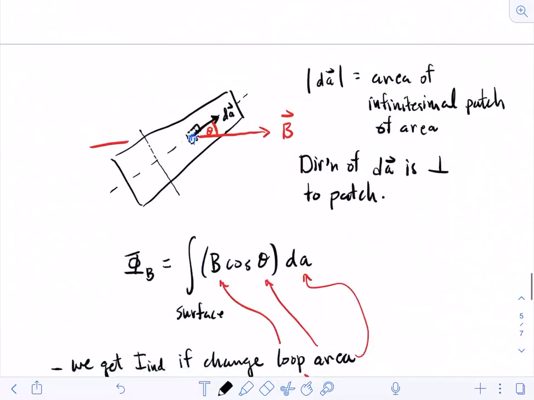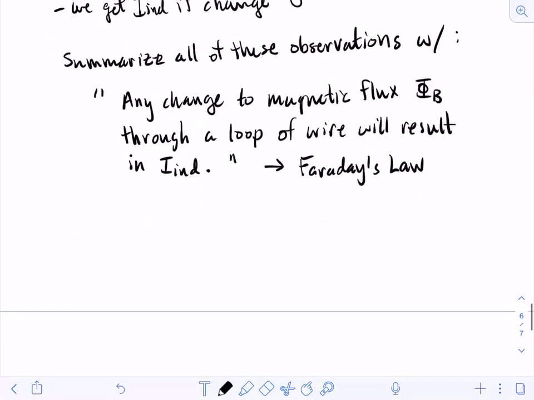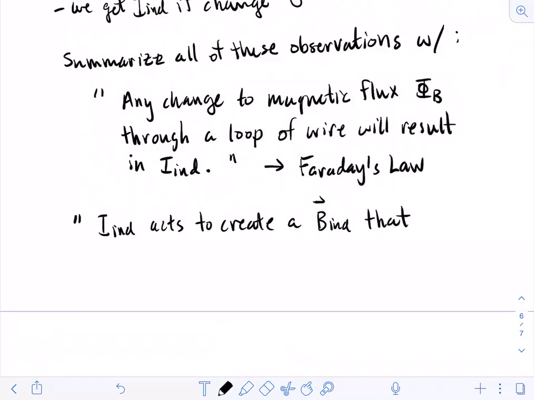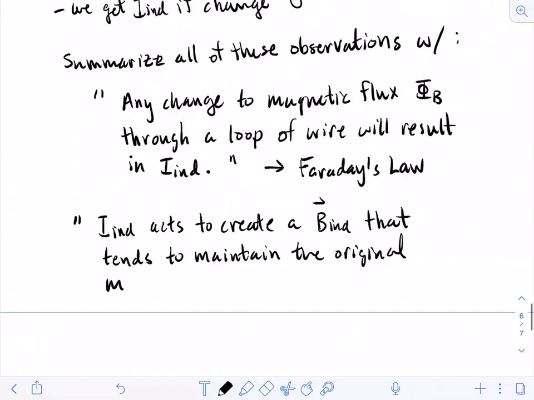Okay, so the other thing we can say to summarize our observations is that the induced current acts to create an induced magnetic field that sustains, that, let's say, tends to maintain the original magnetic flux.